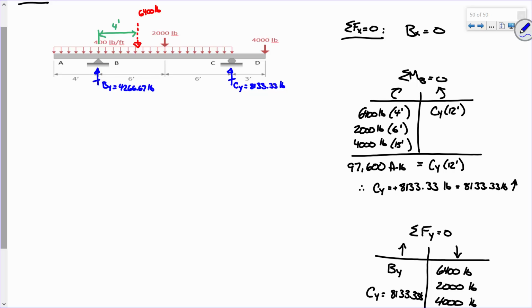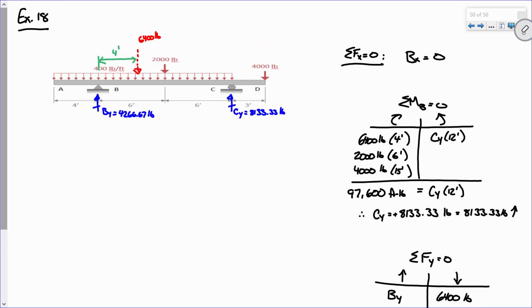The first thing I'm going to do, I'm getting rid of that, okay? The reason I'm doing that is because that's fictitious. I made that up to make my life easier when I was summing moments. That doesn't exist, okay? And I don't want that there to confuse what I am about to do. All right? So far, so good?